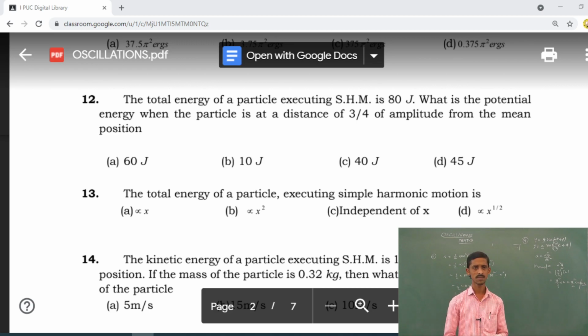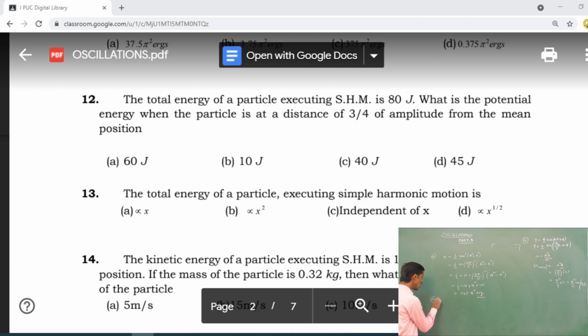Same question. Total energy 80 joule. Potential energy when the particle is at a distance of 3/4 of amplitude from mean position. The general formula for potential energy is half m omega square x square.